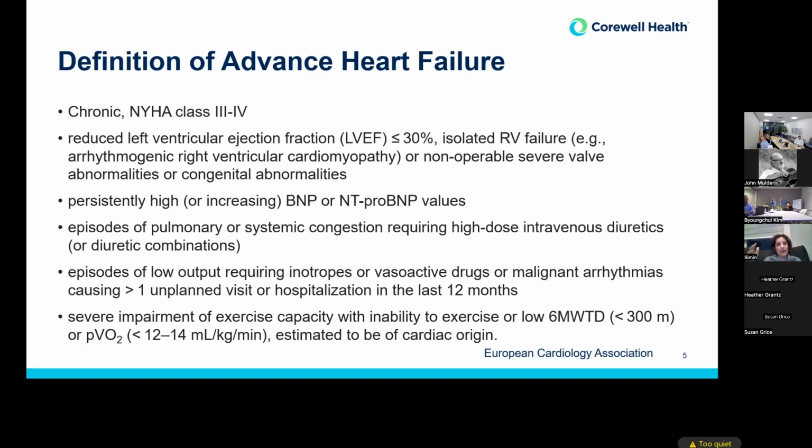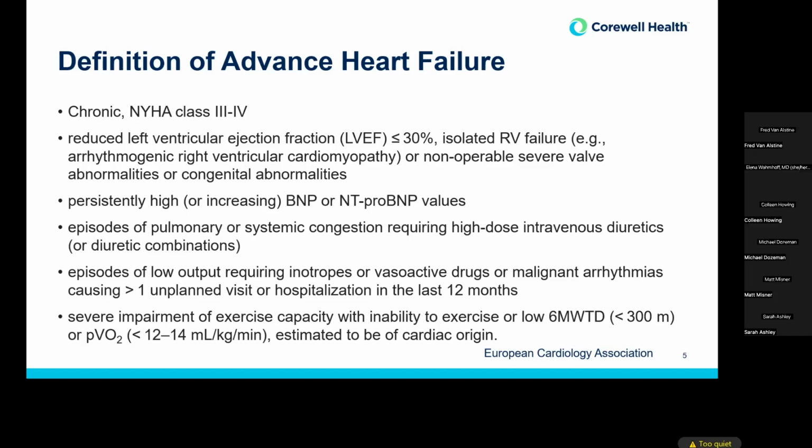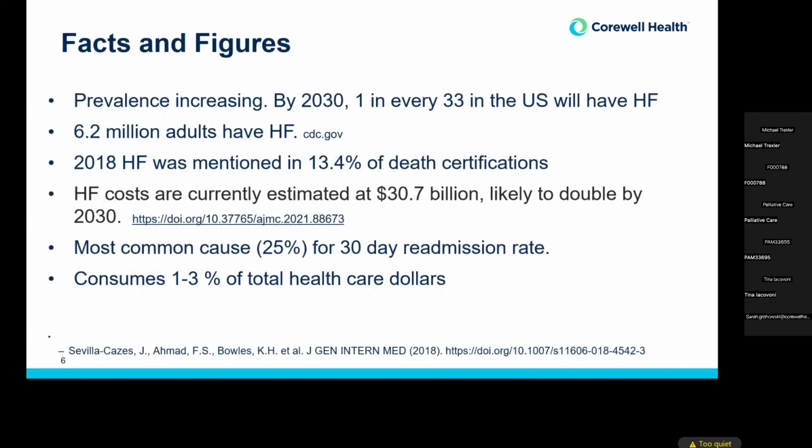Treatment-wise, these patients become sort of diuretic resistant, and they are requiring IV diuretics or multiple diuretics to maintain the same diuresis. They might be already on inotropes, they might be on milrinone, or had one ED visit or hospitalization that was unexpected in the last year, and they have poor exercise capability. If any of you see heart failure patients, these are probably the majority of the patients I see. So that's the patient that we're going to be talking about.